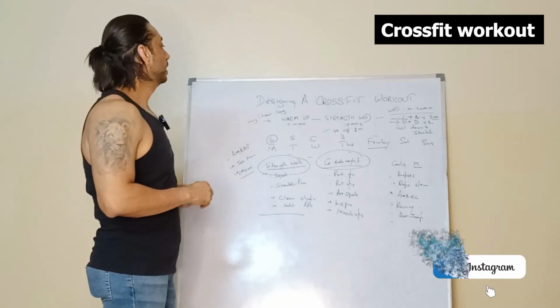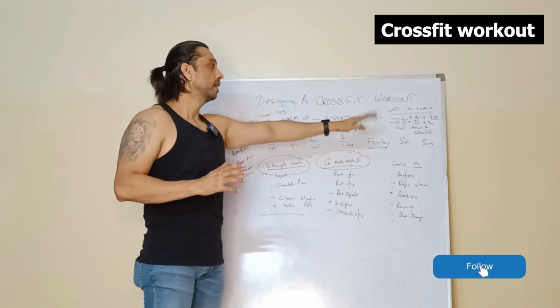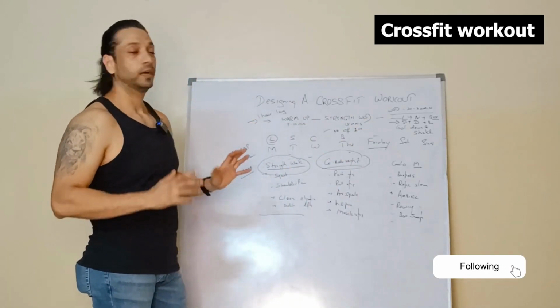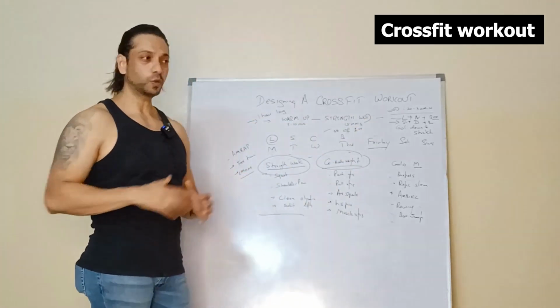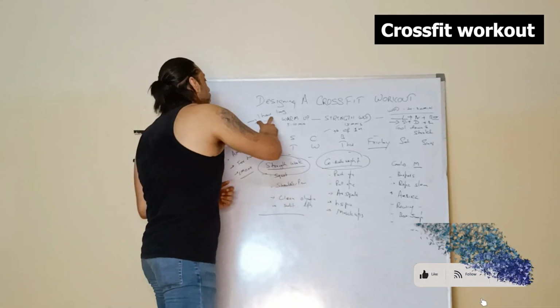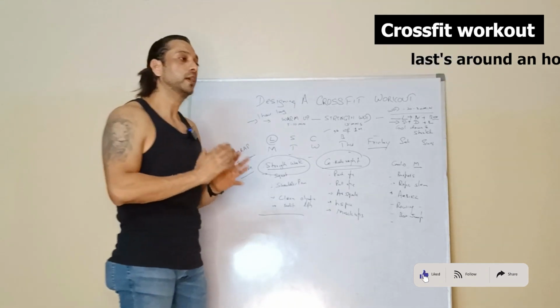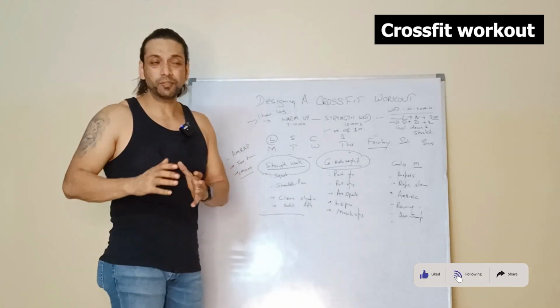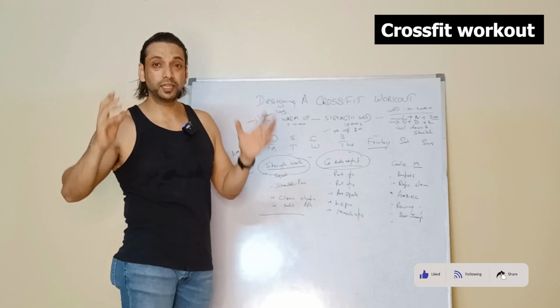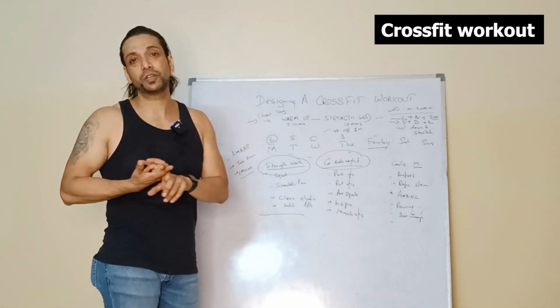Alright, so let me give you a brief on how the workouts were created, and then we'll talk with respect to certain examples of how a day would look like. So a CrossFit workout would last around an hour, and trust me, if the workout is designed well enough, an hour is really long and is good enough for anybody with any level of fitness.